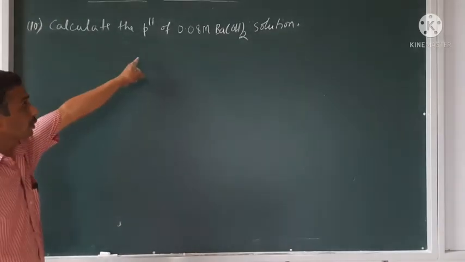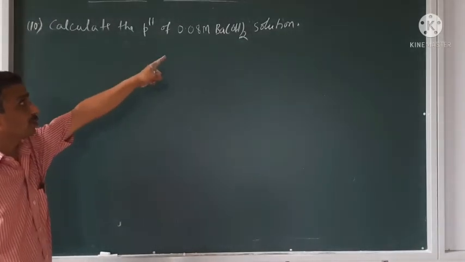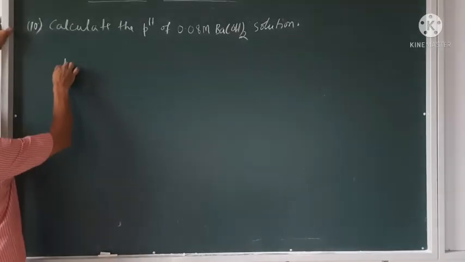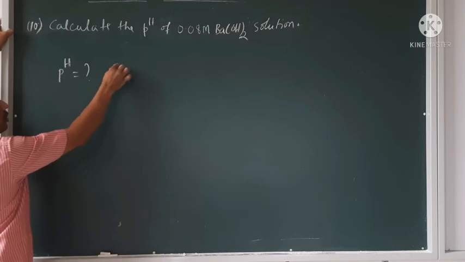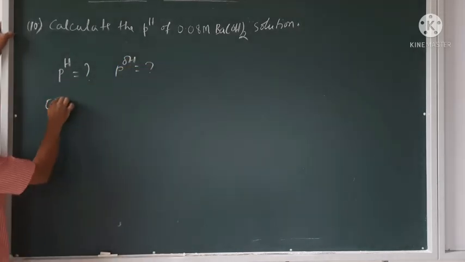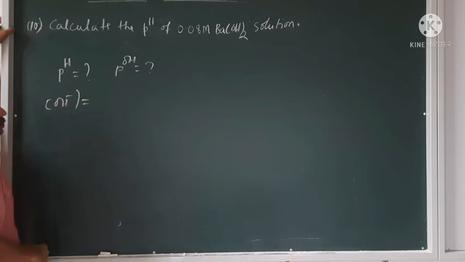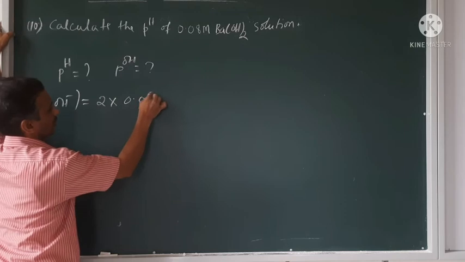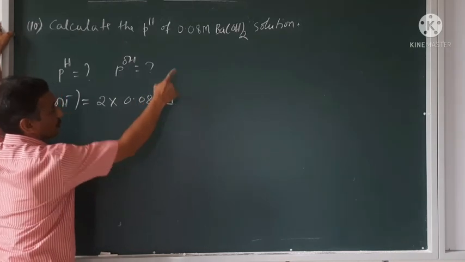Next problem. Calculate the pH of 0.08 M barium hydroxide solution. So pH cannot be calculated directly. First I calculate the pOH. So OH minus concentration is equal to 2 into 0.08 into 1.